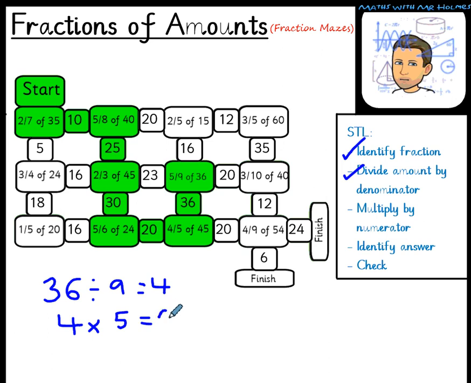Another times table, that equals 20. Let's go ahead and identify our answer. We said it was 20, so we're not going up, not going left, we're going right. And we're happy that we checked our answer carefully as we went.